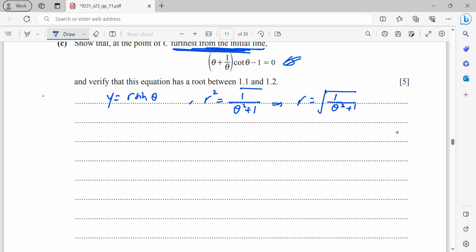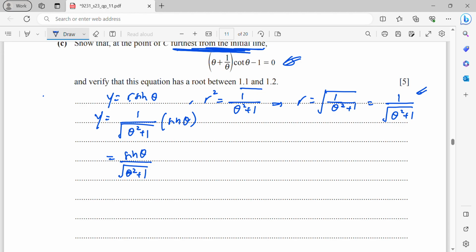Okay, so instead of writing this, I will write 1 over square root of theta squared plus 1. It will be the same. So then now, my y equals to sine theta times the r times 1 over this, which means it's over square root theta squared plus 1. Okay, so if I do it step by step, I will write here 1, then here sine theta, then sine theta over square root.